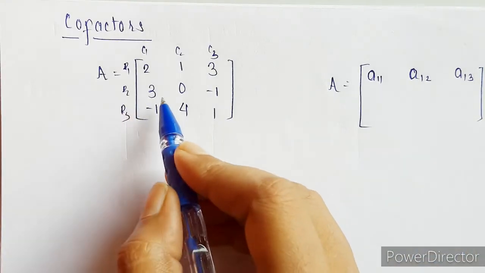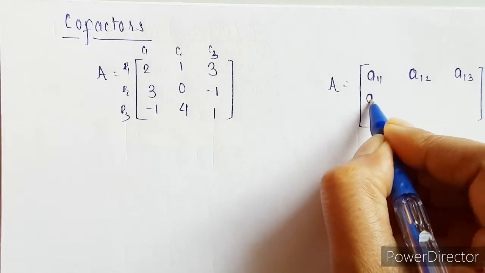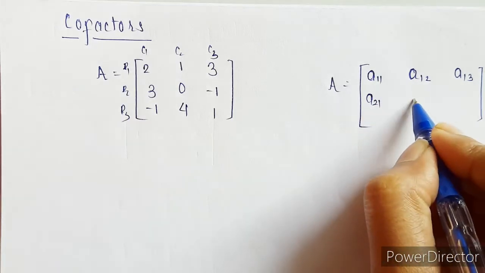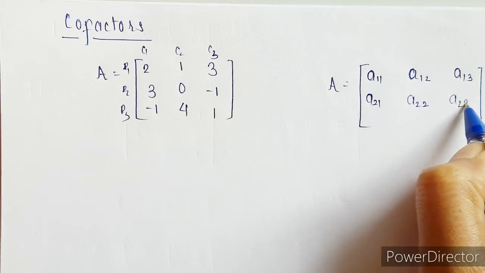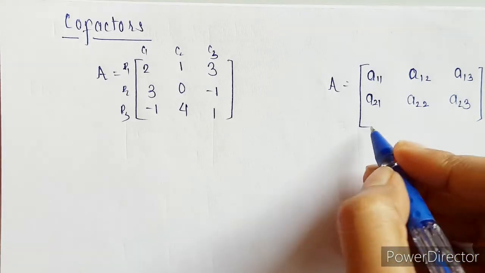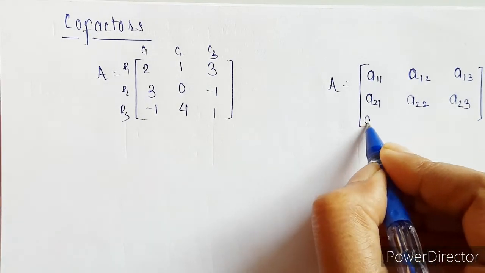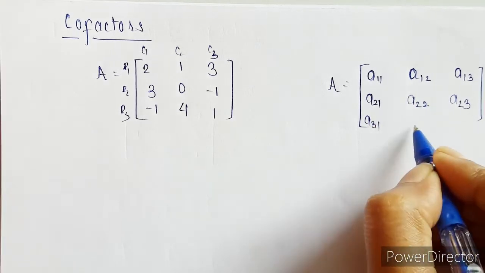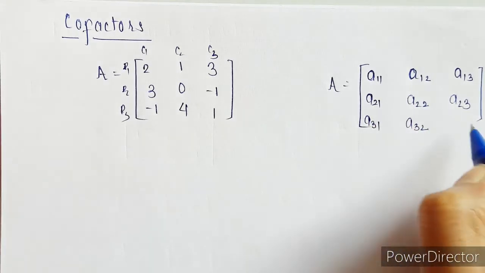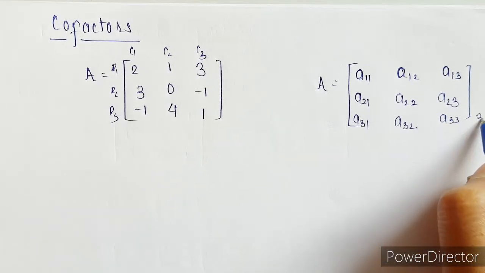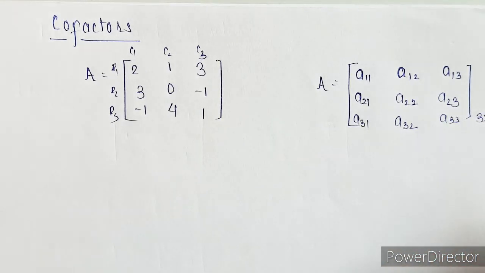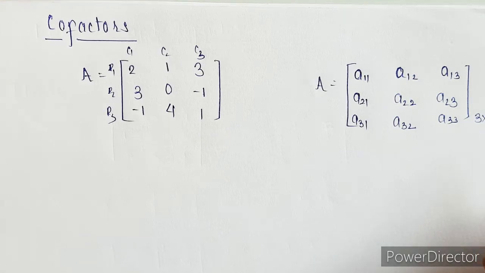Similarly from row 2 we can write row 2 column 1, row 2 column 2, row 2 column 3. Then from row 3, row 3 column 1, row 3 column 2 and row 3 column 3. So basically this is a matrix of order 3 cross 3, or a matrix of order 3.